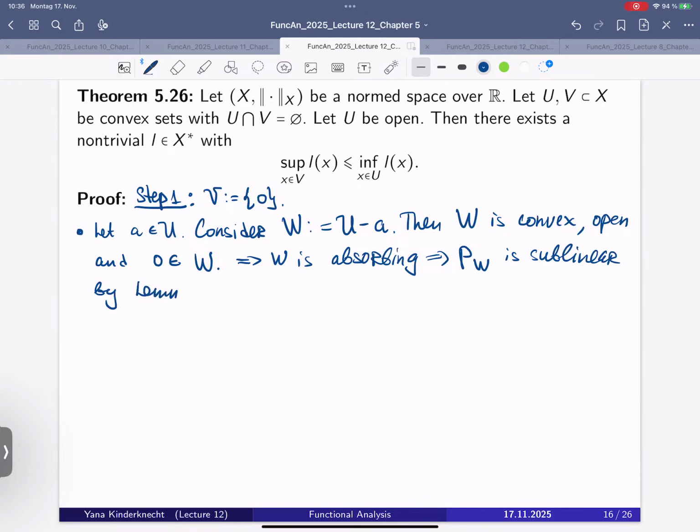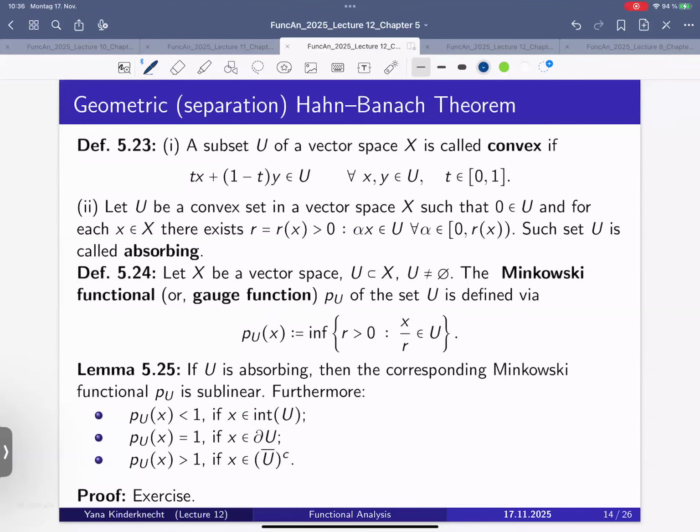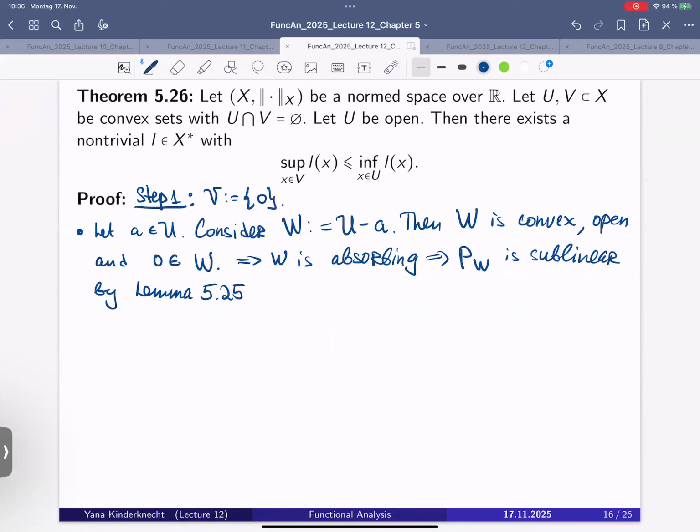By the lemma, the lemma was number 25. Note that I take the vector B, which is minus A. B does not belong to W since 0 does not belong to U. Yeah, because of this condition: 0 does not belong to U, and hence minus A does not belong to W. So let us consider the following vector subspace.